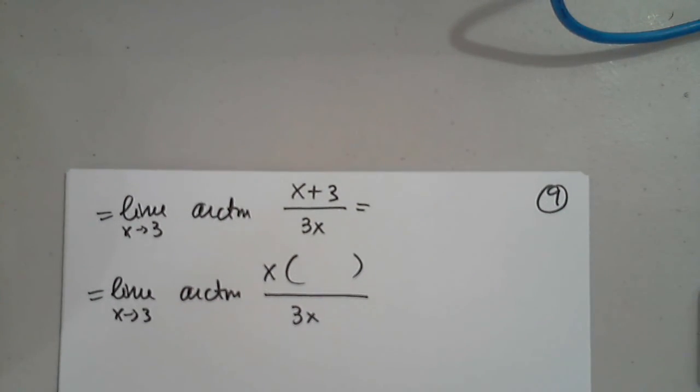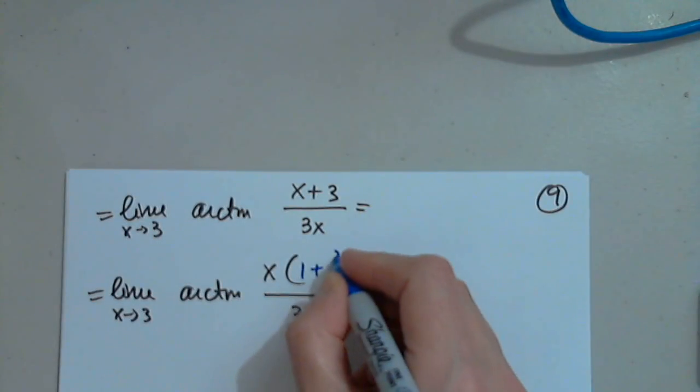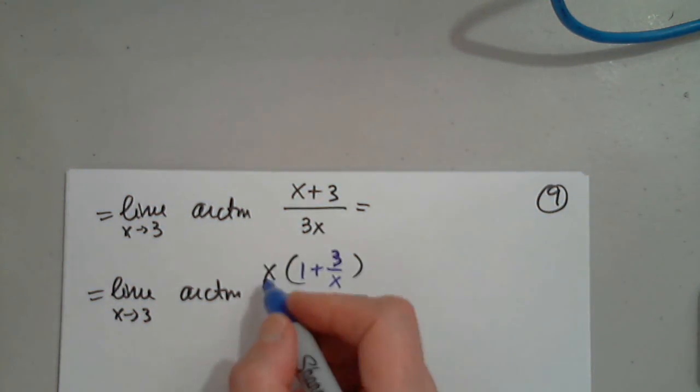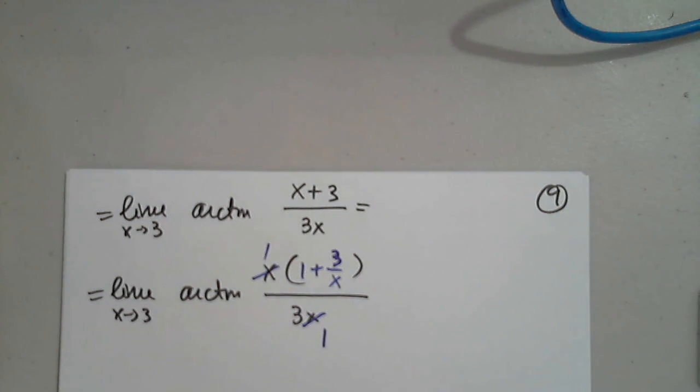Can anyone tell us what we write inside parentheses? 1 plus 3 over x. Yes, awesome. 1 plus 3 over x. x times 1 is x, x times 3 over x is 3. Perfect.